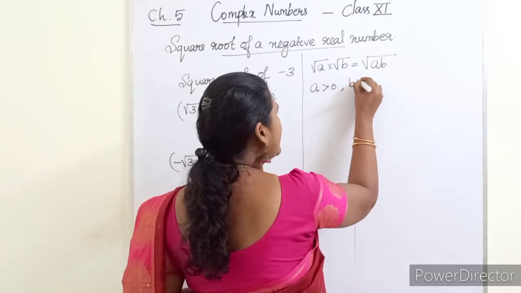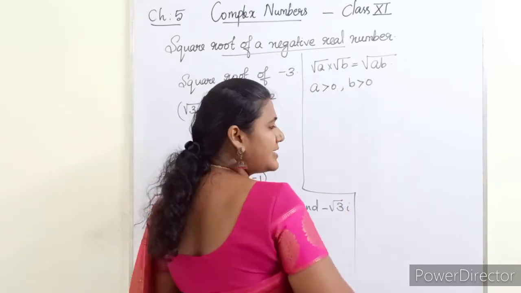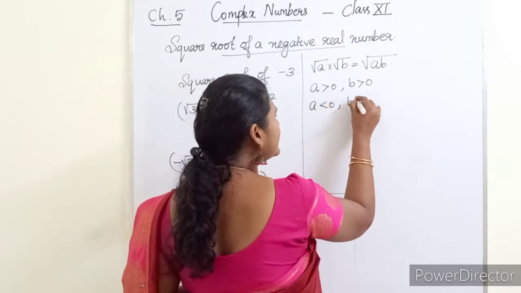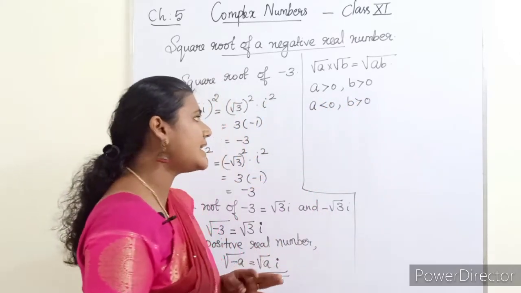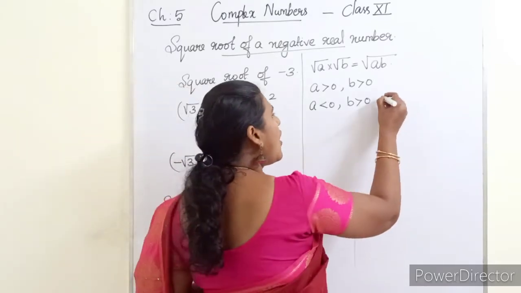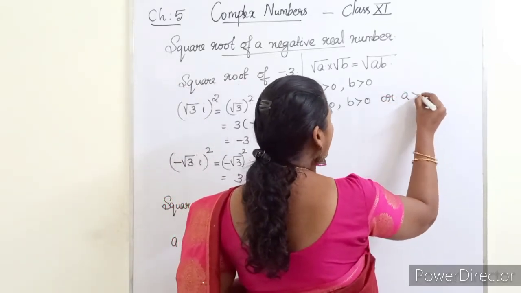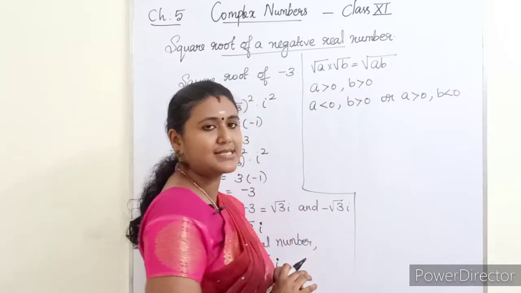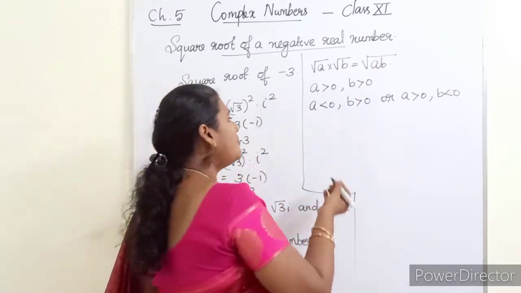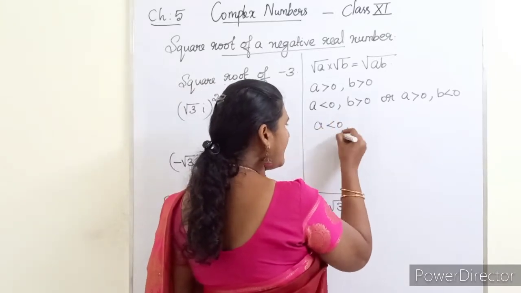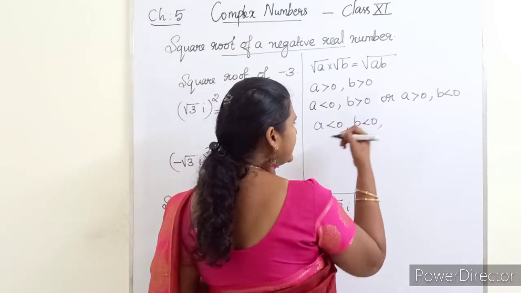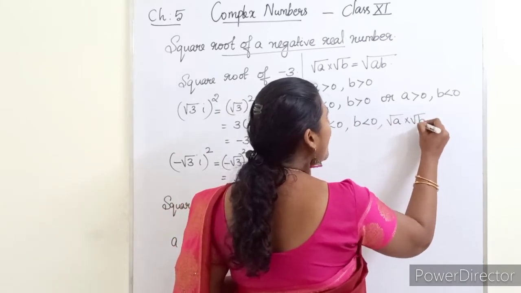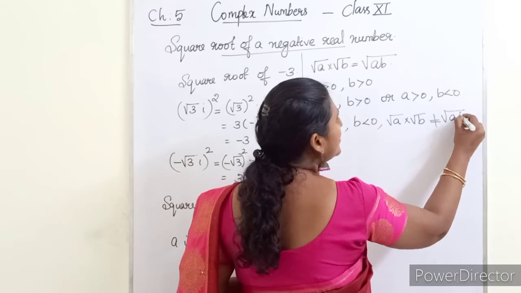And if one of them is negative, that is a is negative and b is positive, or a is positive and b is negative, in this case also this formula is true. But if both are negative, for example if a is less than 0 and b is less than 0, in that case root a into root b will not be equal to root of ab.